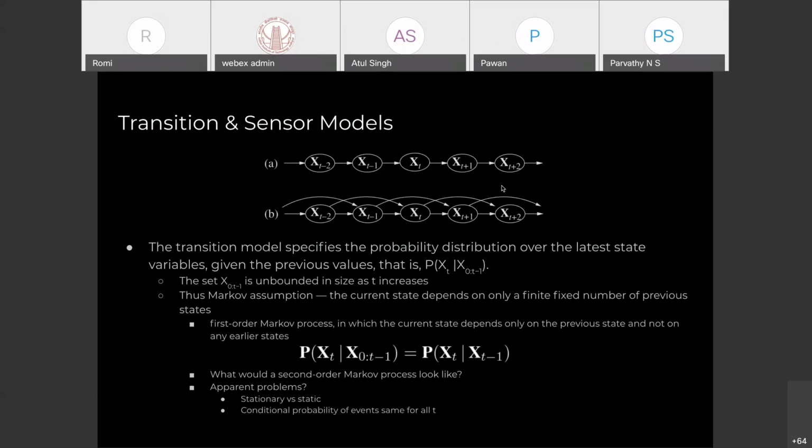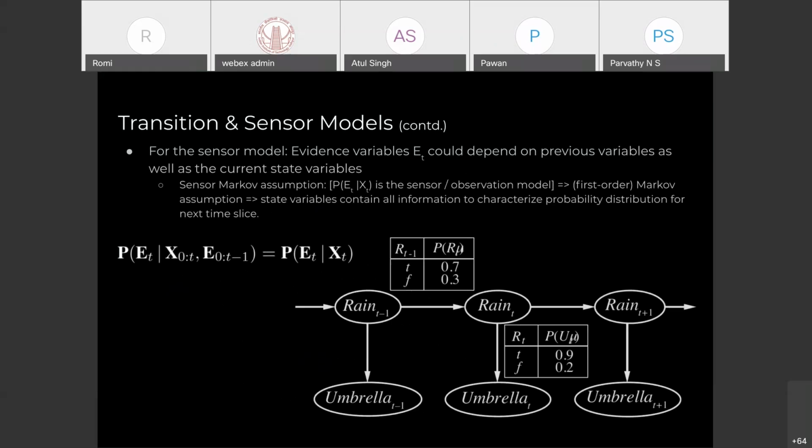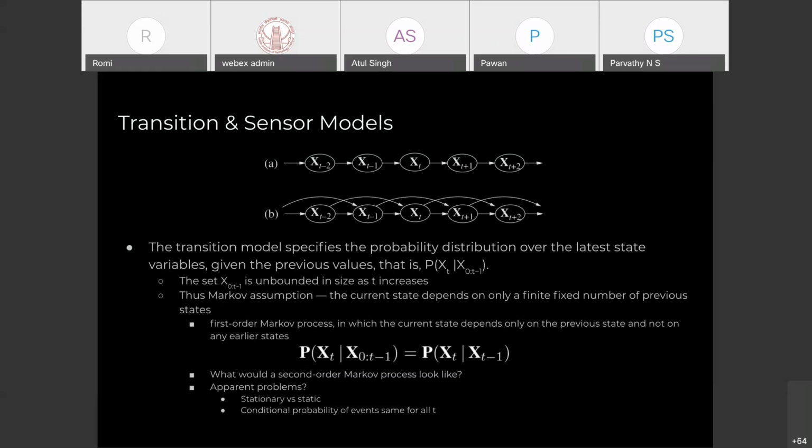For all the others, you maintain the same conditional probability. So it's just two values that you are remembering. Okay. So this is how it looks.